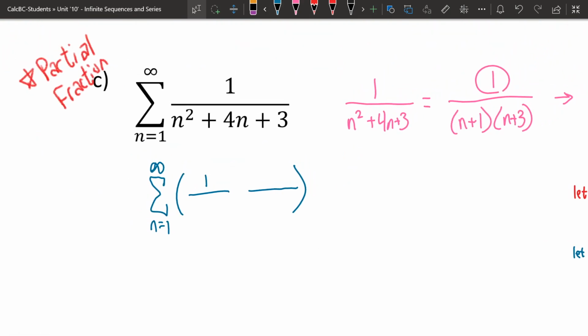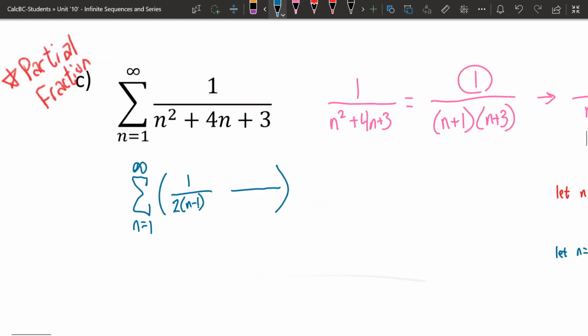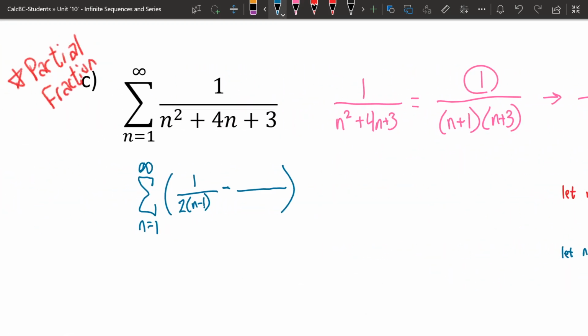So I'm going to put that 1 in top, and I'm going to go ahead and put the 2 in the bottom. And for our b value, we got -1/2, so that makes this subtraction. I'm going to put the 1 in the top, 2 in the bottom, use that second piece, n plus 3. All right, again, just partial fractions so far, but now we've got a rule which is a difference.